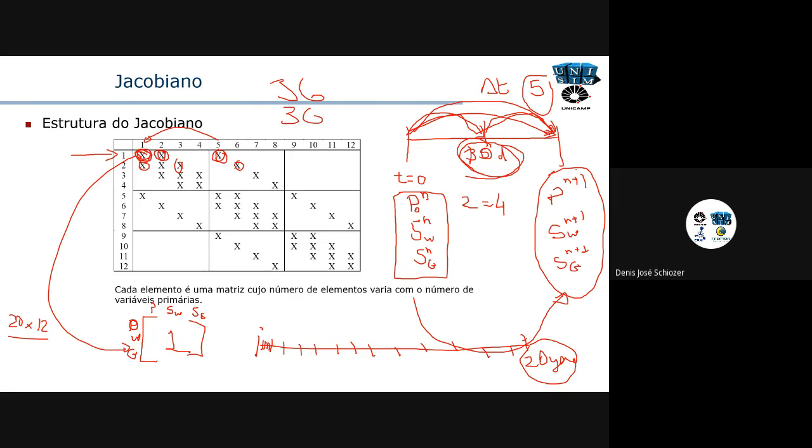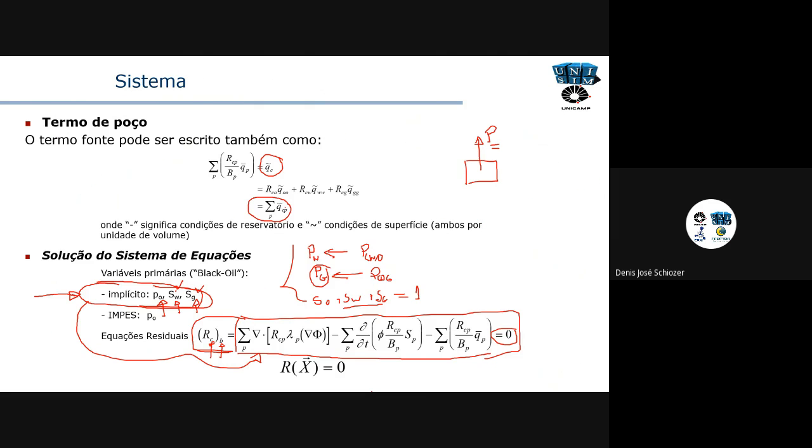And why do we consider the residual equal to 0? Why is it 0? Because it's here, okay? The residual equations are these equations here. So for the residual equations, I'm adding the flux terms plus the accumulation terms plus the well terms. If I add all the mass that's going in and out and accumulating, it has to be 0. So this is what I'm calling residual.